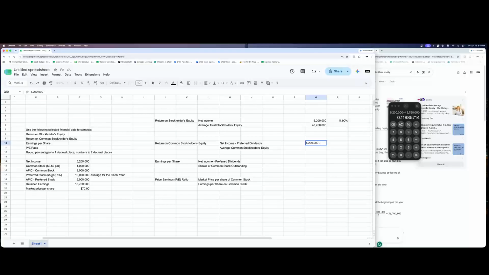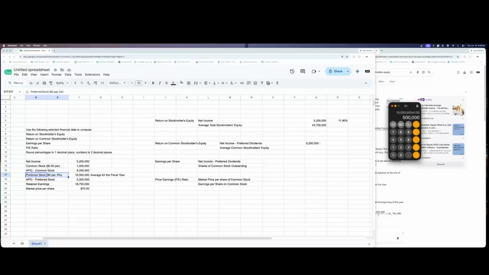If you guys look here, preferred stock, $5 par at 5%. 5% means that for every share you get 5% of the value.